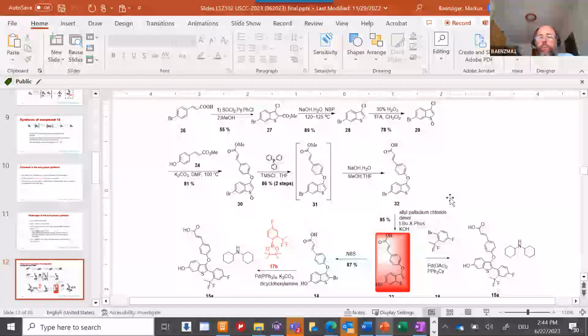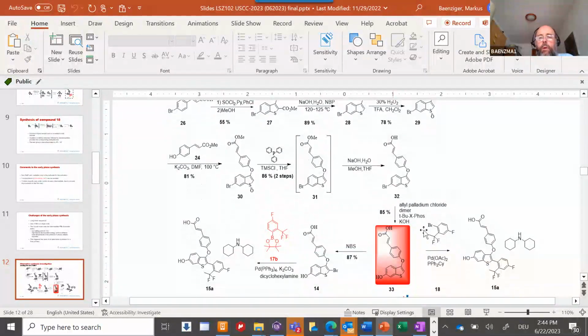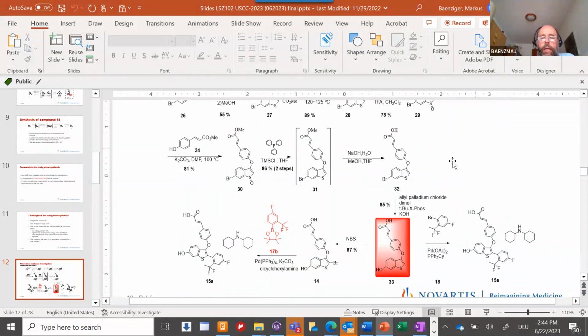And there we found, this is chemistry from Buchwald, with a palladium catalyst, allylpalladium chloride dimer, and tert-butyl-BrettPhos with potassium hydroxide, we could transform the bromoaryl to the phenol. This was working pretty fine in 85% yield. And then we could carry on with NBS bromination at this stage in 87%, and then do our Suzuki coupling with this intermediate, which is still the risk.